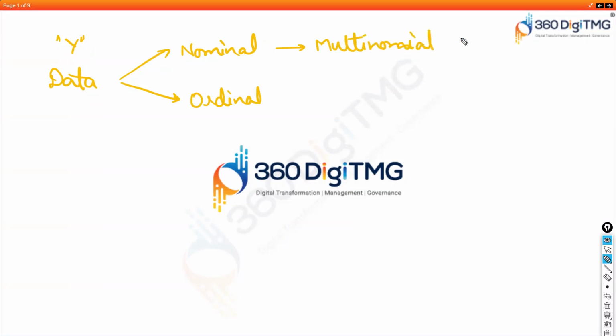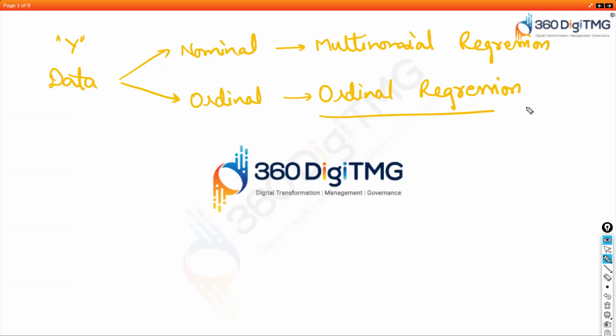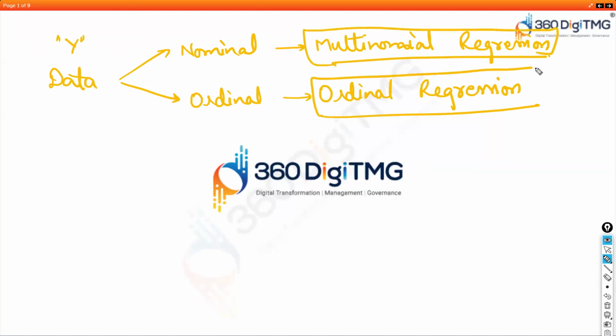Multinomial regression. And when it comes to ordinal, you have ordinal regression. So you have multinomial regression and you have ordinal regression.